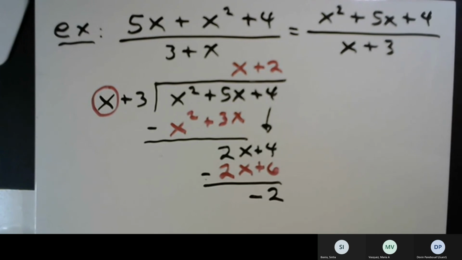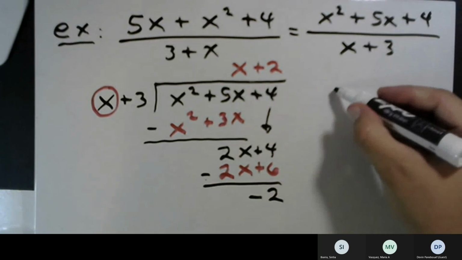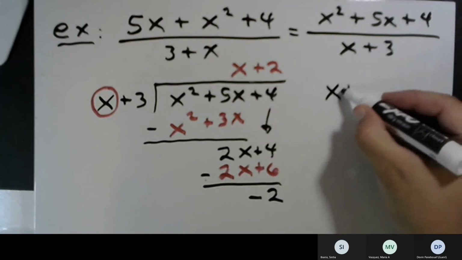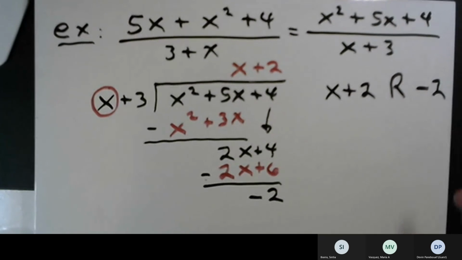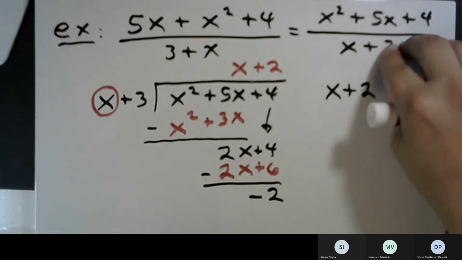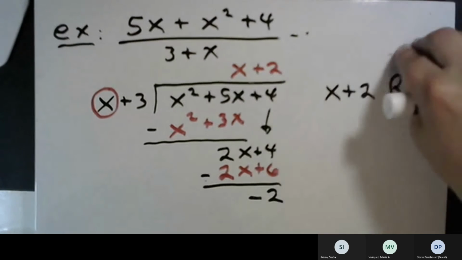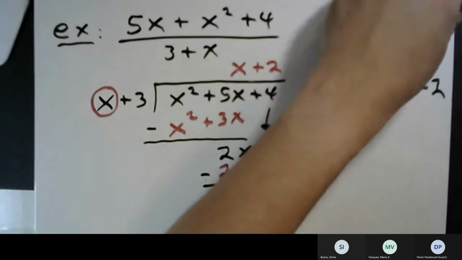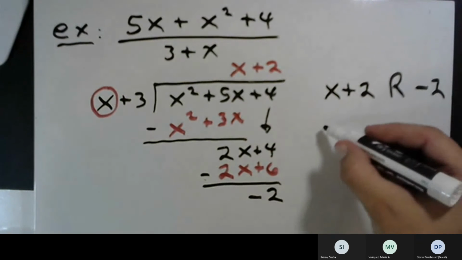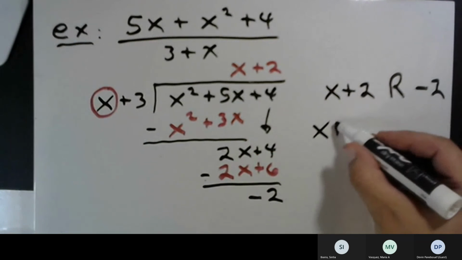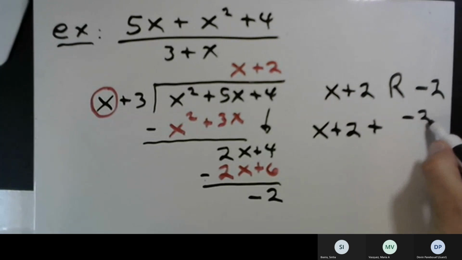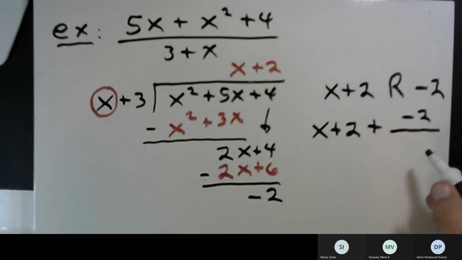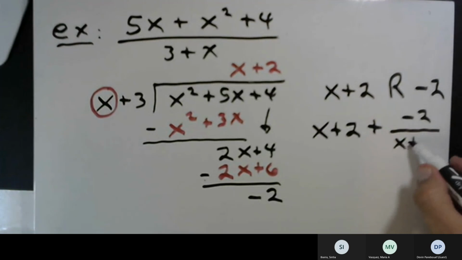So what do we have? Well, what we have for an answer is x plus 2 remainder negative 2. Or the way we're supposed to write this, x plus 2 plus the remainder divided by the divisor.